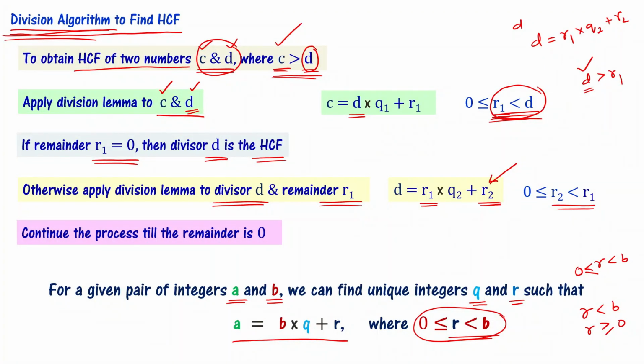If it is not 0, we have to repeat this step till the remainder goes to 0. Okay? Now division lemma, for example, R2 is not equal to 0. అప్పుడు డివిజన్ లెమ్మా వేటికి అప్లై చేయాలి, R1 అండ్ R2కి అప్లై చేయాలి. అర్థమైందా? Now let's look at one example problem.